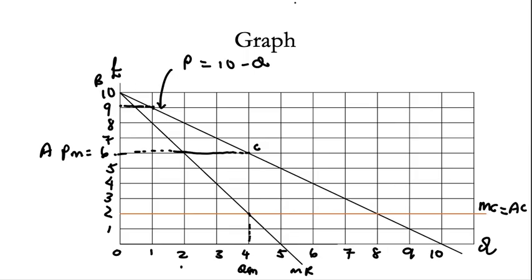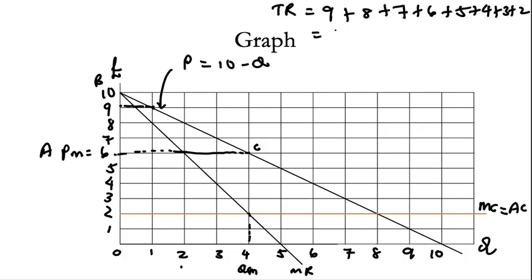This kind of first degree price discrimination results in total revenue, and that total revenue is actually the first one, 9 times 1, which is 9, plus 8 times 1, which is 8, and then the following one, 7, the next one, 6, until 2, isn't it? So the total revenue that you can get here is actually 44 quid on the sales of 8 units.